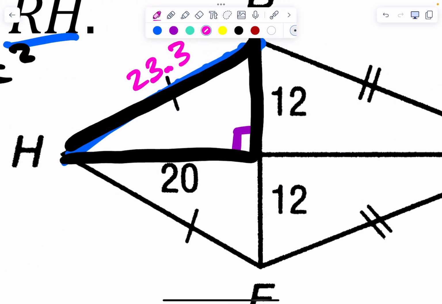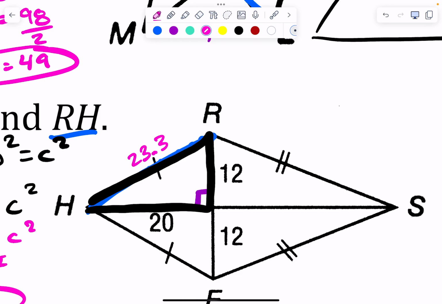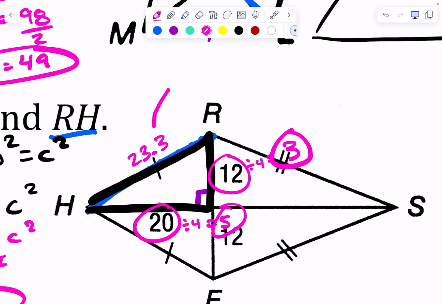Like if you know your triples, right? 20 and 12, those will both reduce by 4. If I take 12 and divide by 4, that is 3. And if I take 20 and divide by 4, that is 5. So I have a 3 and a 5. Why is this side not 4? Isn't that a 3, 4, 5?